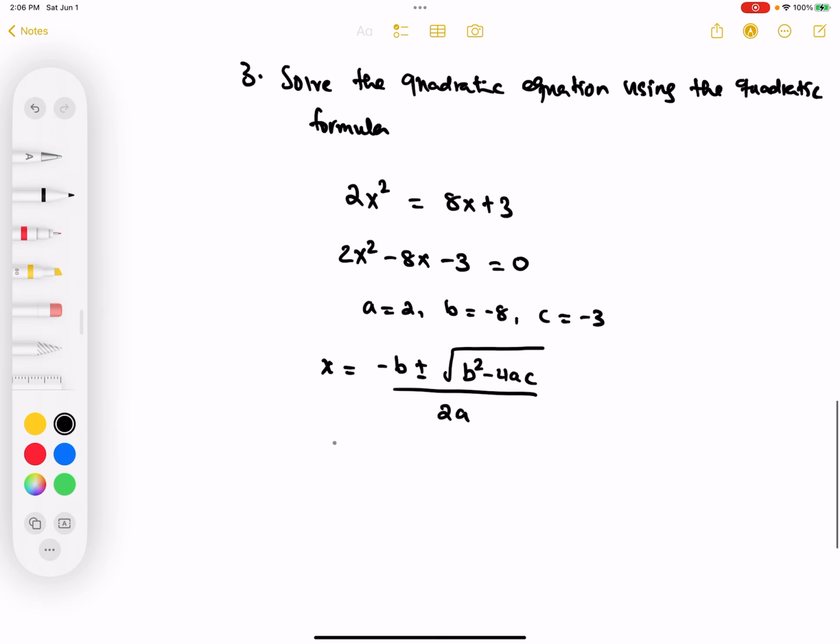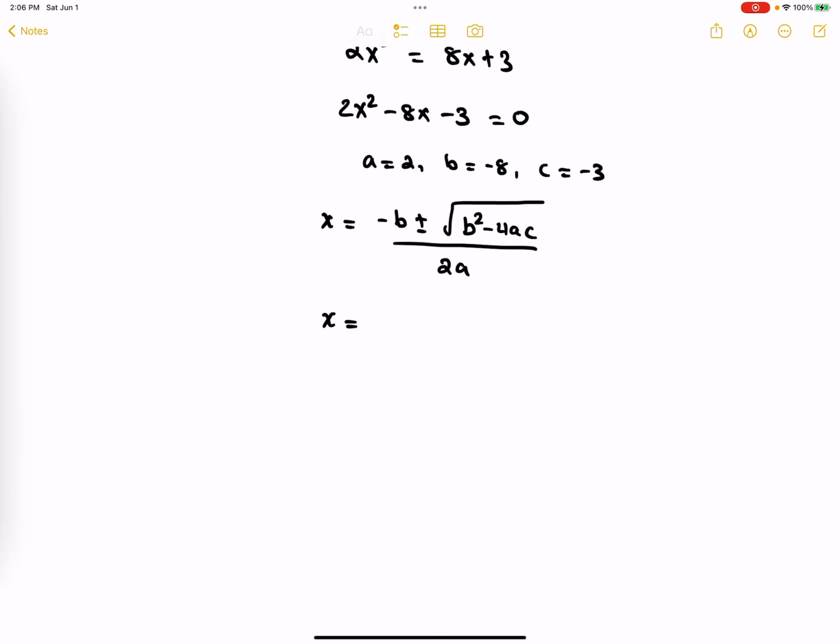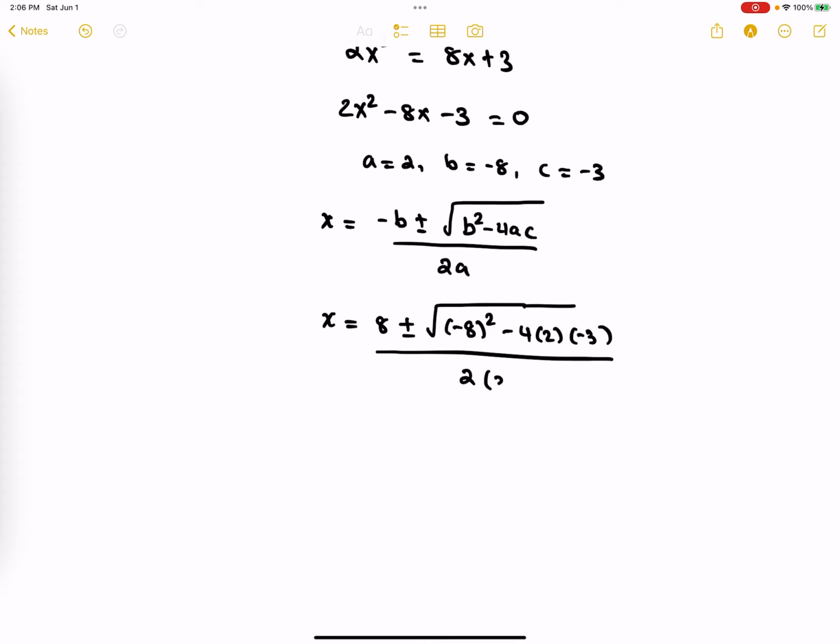I have to carefully substitute those coefficients: minus minus 8 here, and the minus makes it plus 8, plus or minus the square root of negative 8 the whole square, minus 4 times a is 2 times c is minus 3, divided by 2 times a is 2.